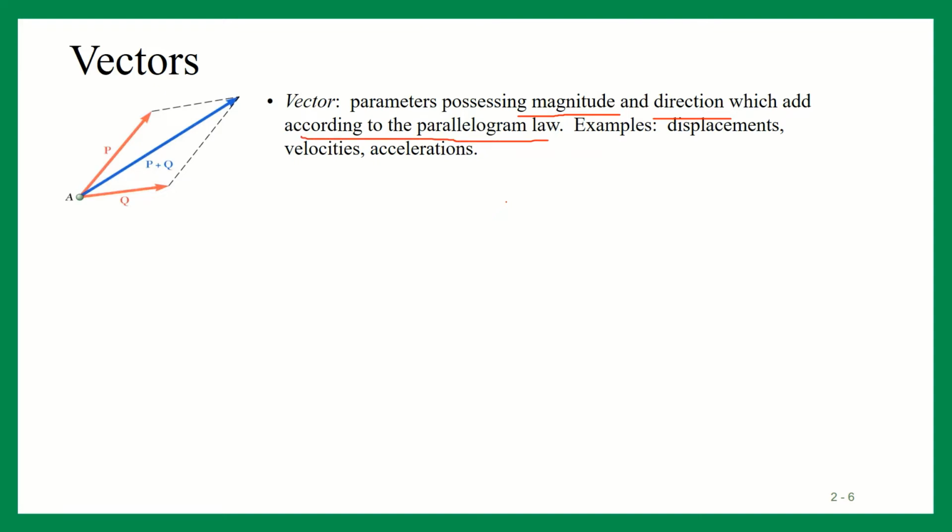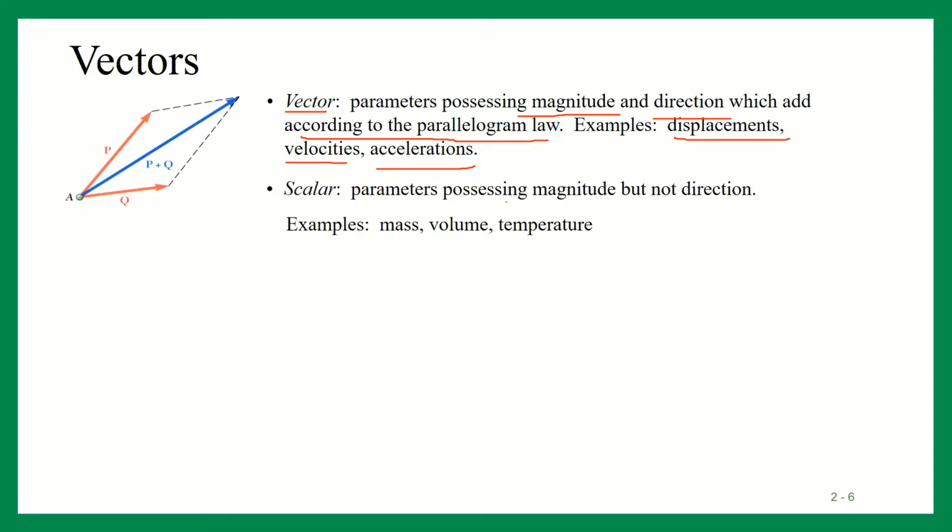Any physical quantity which has both magnitude and direction, and which we can add according to the parallelogram law, is called a vector. Examples of vectors are displacement, velocity, acceleration, force, and so on. There are different vector quantities.